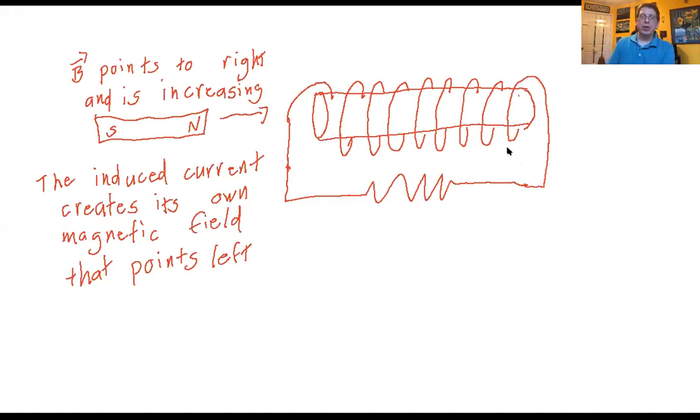So you can see how it's coiling around, and I think that's a better way of visualizing it than the book does.